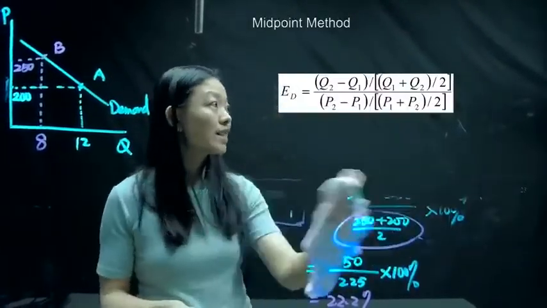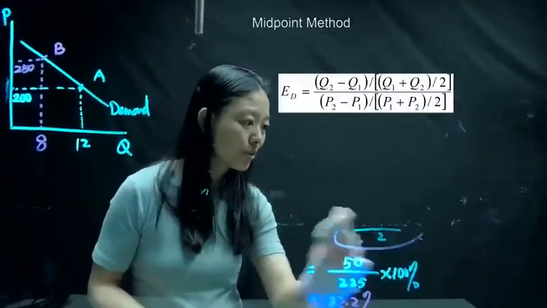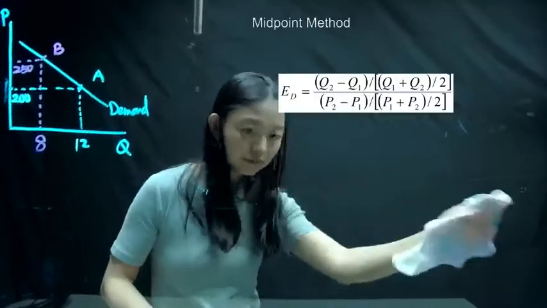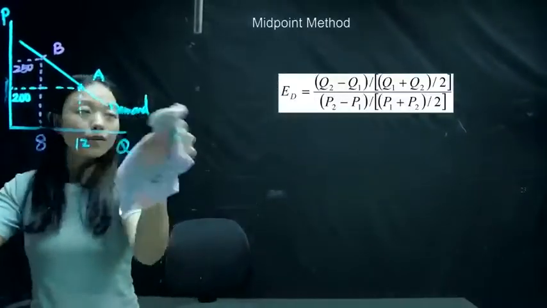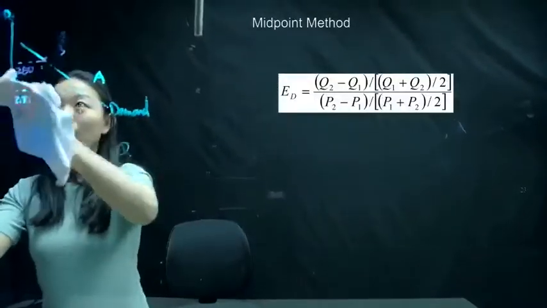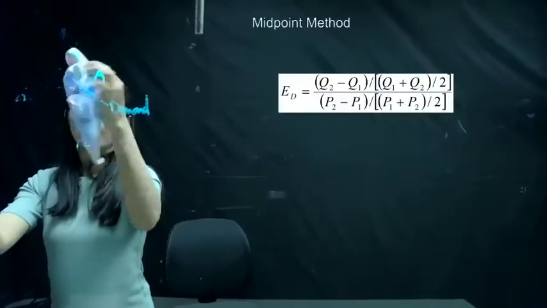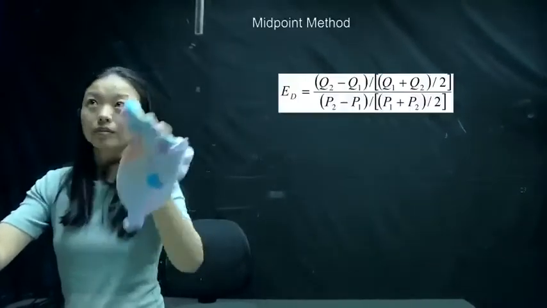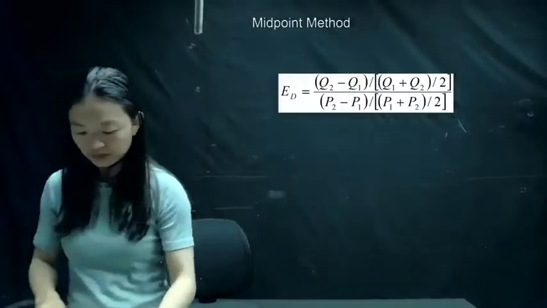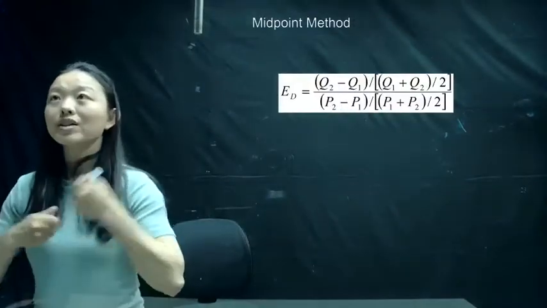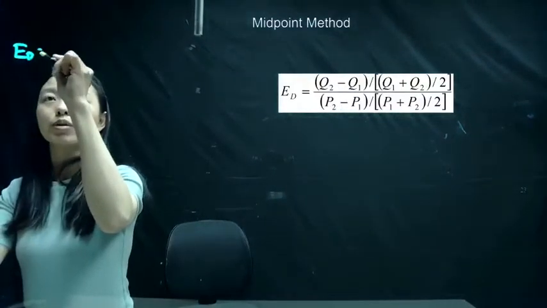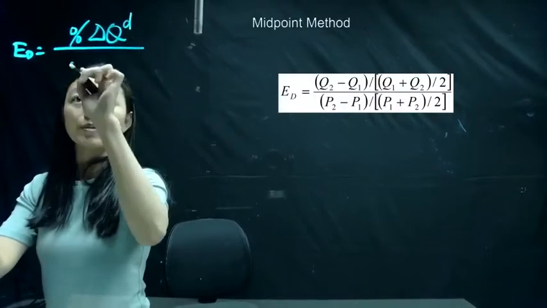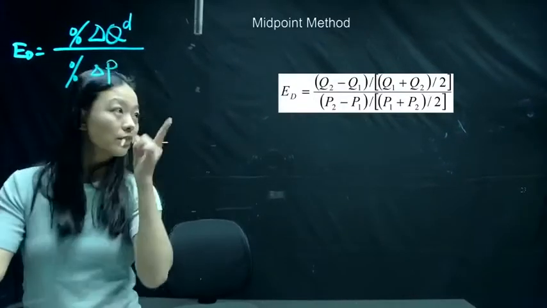You can notice the price elasticity of demand actually equals the percentage change in quantity. If you feel this formula is a little bit hard to remember, then I can tell you one way to break it down. We will always have price elasticity equal to the percentage change in quantity demanded divided by the percentage change in price, right?